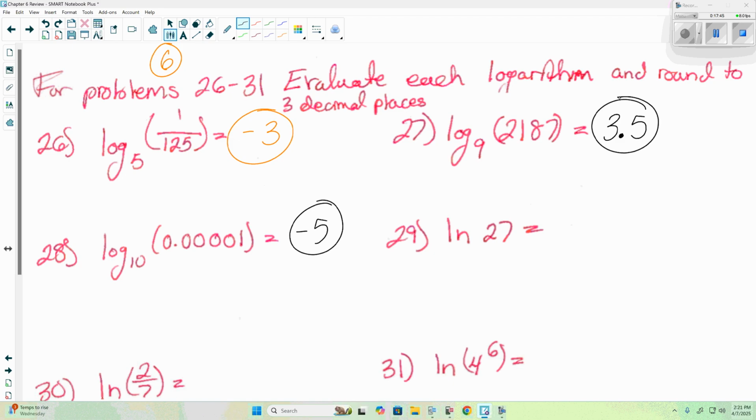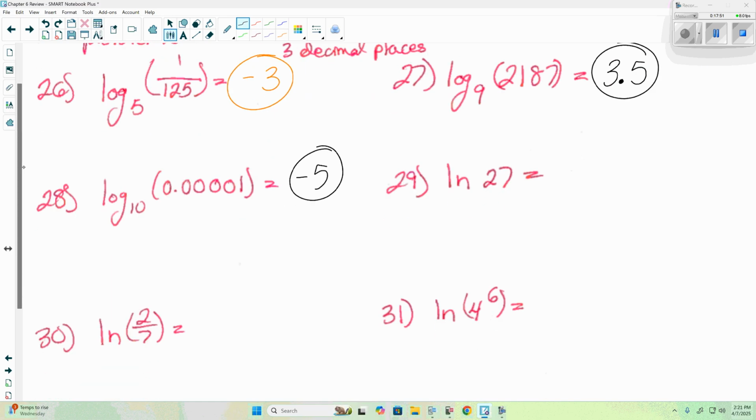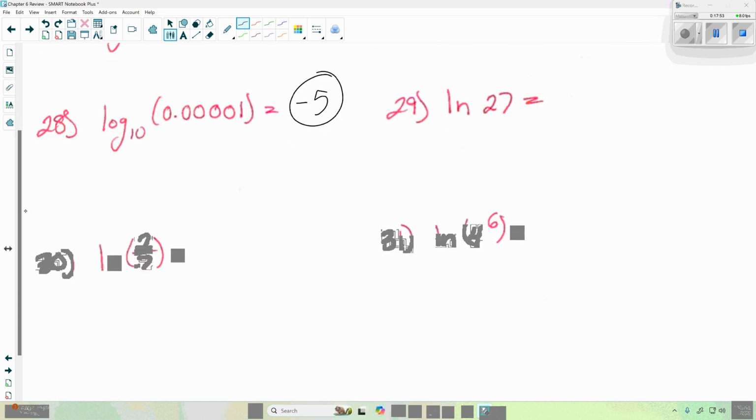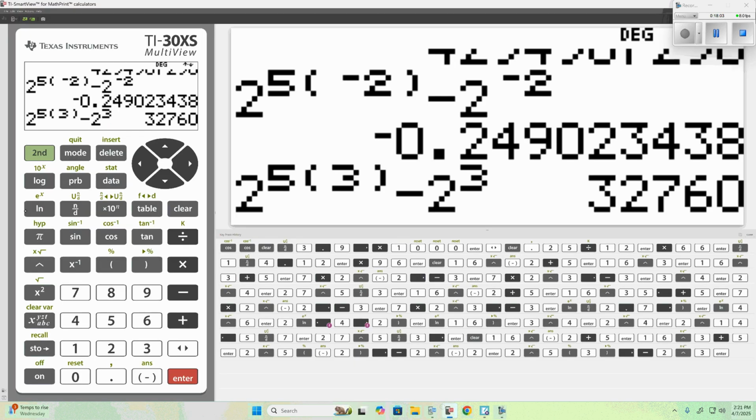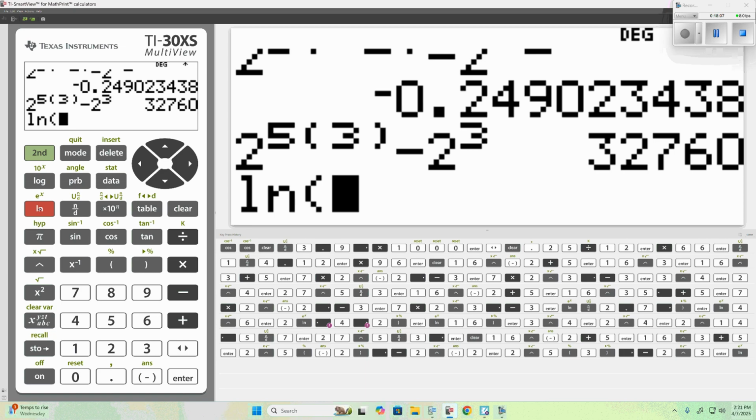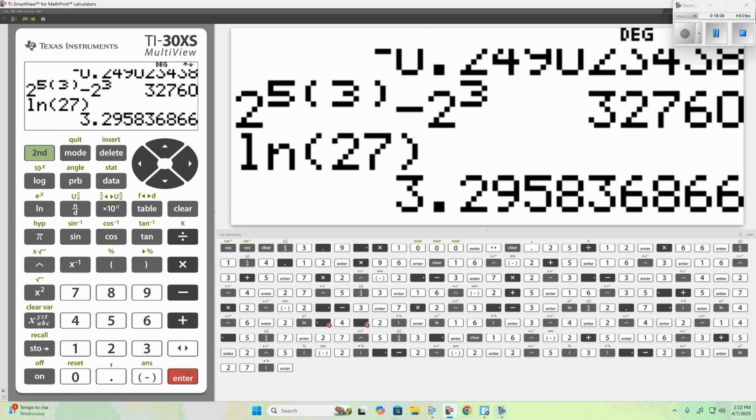So questions on 26, 27, or 28? We ready for 29? Well, 29, natural log of 27. Well, the base is understood to be what? e. Natural log's e, yes? Well, the nice thing with natural logs, it doesn't matter which calculator, because natural log on both is the same.